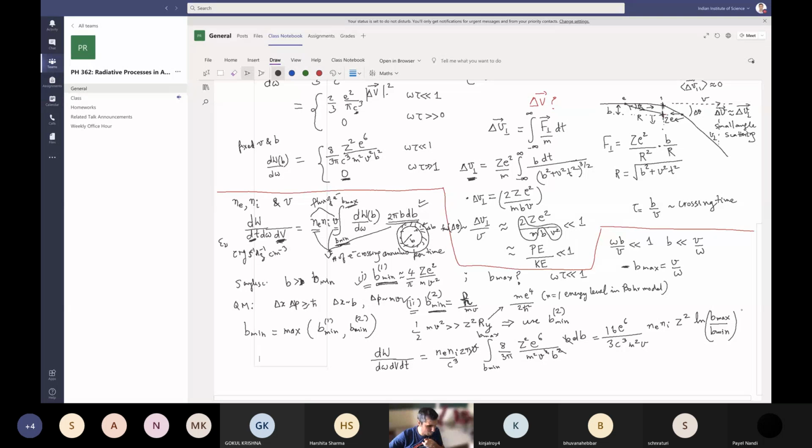So what people do is write it in terms of a standard expression, which I'll write in red.